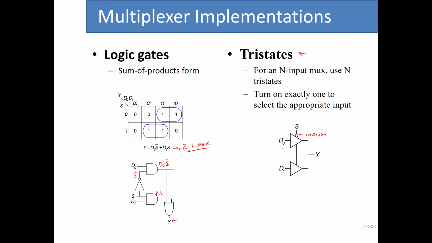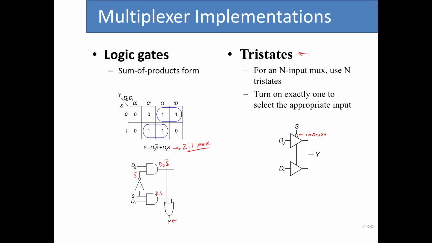On the other hand, if S is 0, this tri-state buffer will be off, and the first one will be on, because if S is 0, that means that S bar is 1, that means this tri-state buffer is on, and D0 would pass through from the input to the output, which is Y.